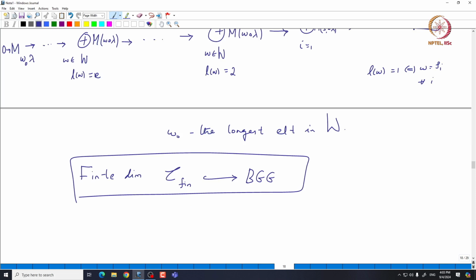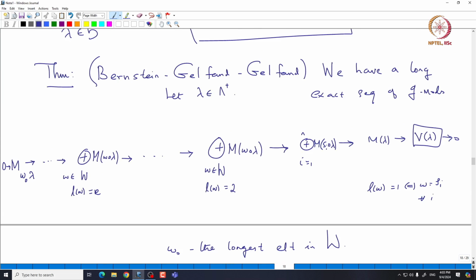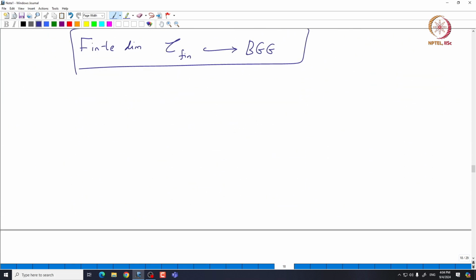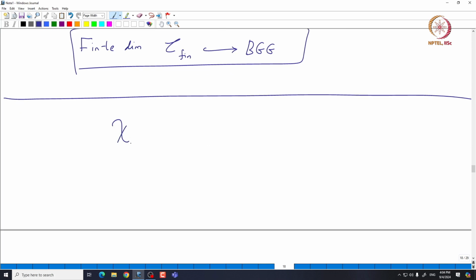Now we have this long exact sequence, so one can reinterpret the Weyl character formula as follows. You look at chi lambda, which is given by S lambda plus rho divided by S rho.